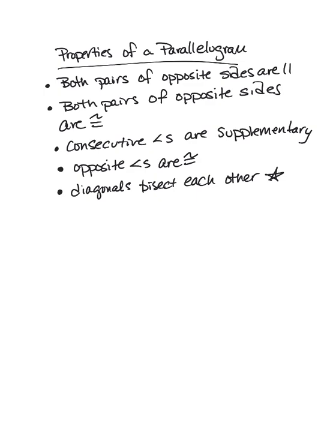Now keep in mind, a parallelogram can shift into a more specific quadrilateral. So there are other quadrilaterals which are parallelograms, but only some parallelograms will turn and shift into those shapes, depending on the situation. So, in other words, let's say we take this parallelogram and we straighten it out.